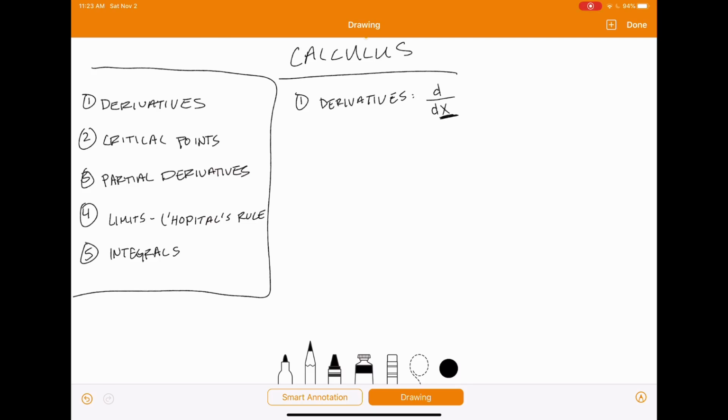This variable here is what you're taking the derivative with respect to. And when you take a derivative, you're actually finding the slope of a tangent line at a specific point.